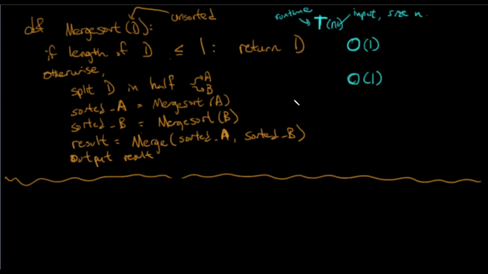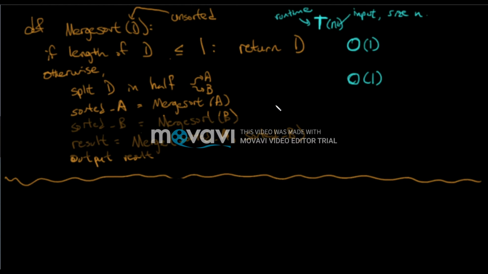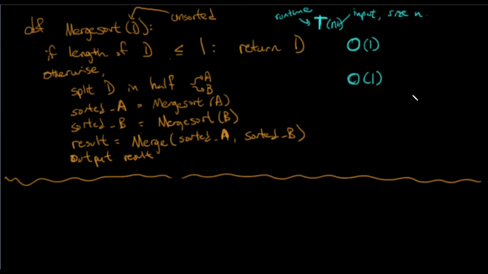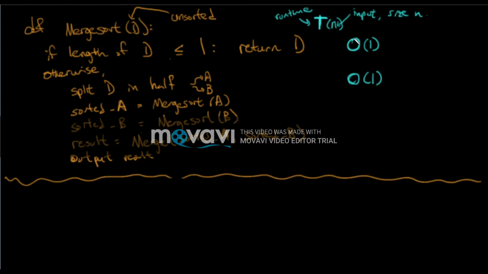What is the runtime of these two lines right here? Calling merge sort on A, this half of the array D, and calling merge sort on B, this other half of the array D. We already came up with some symbols for the runtime of merge sort, and we already hammered down our notation for it.